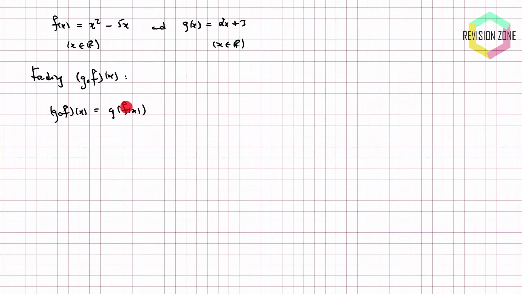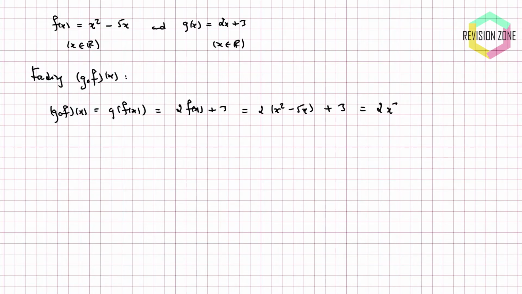Our input just happens to be f of x, but g is going to do the exact same thing. It doubles the input, and then it adds 3. At this stage, I can go to a description of f of x directly. So f of x is x squared take away 5x, and the plus 3 is still there. Okay, so now we're basically done because this is our composite function.